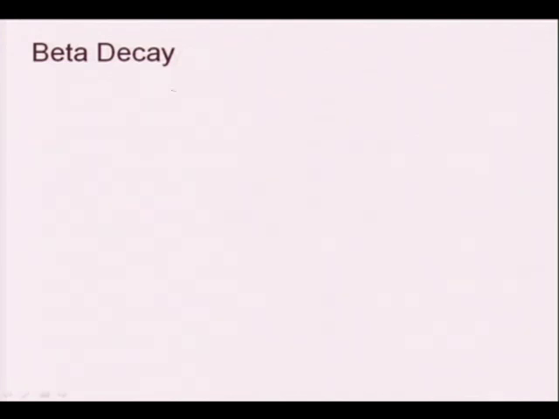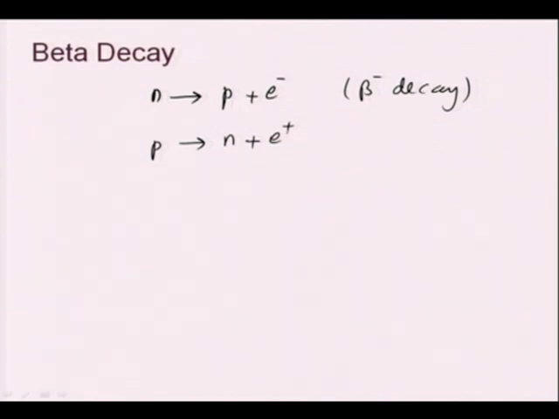So, we can think about, for example, the beta minus decay as neutron decaying into a proton plus an electron, all right. And the beta plus is positron emission with proton converting into a neutron.